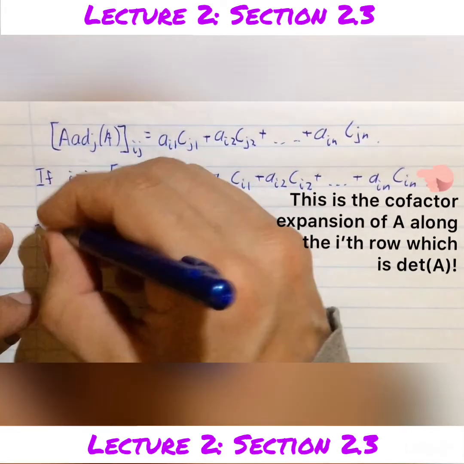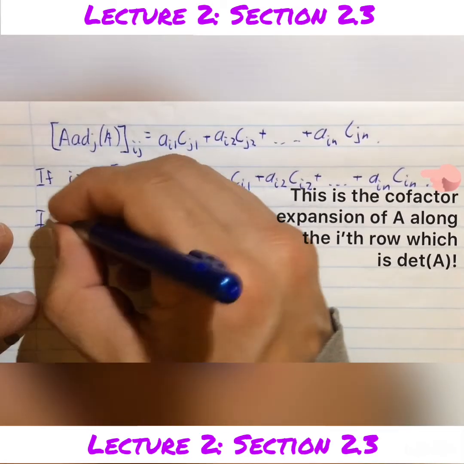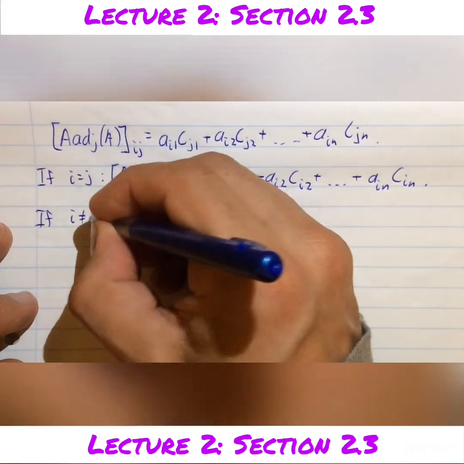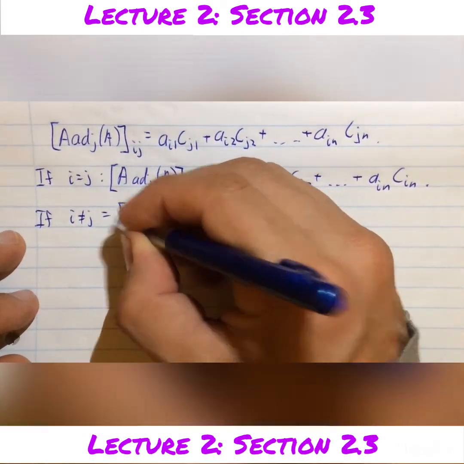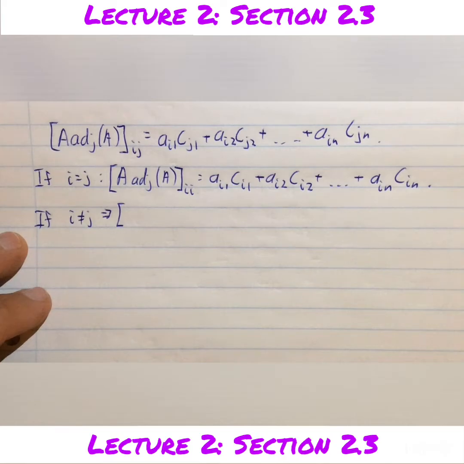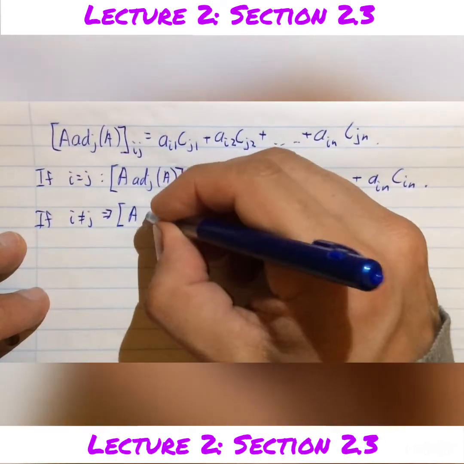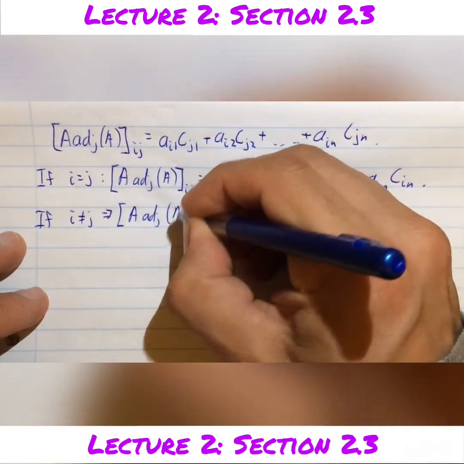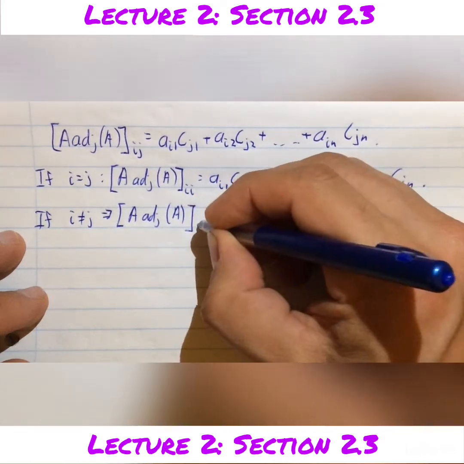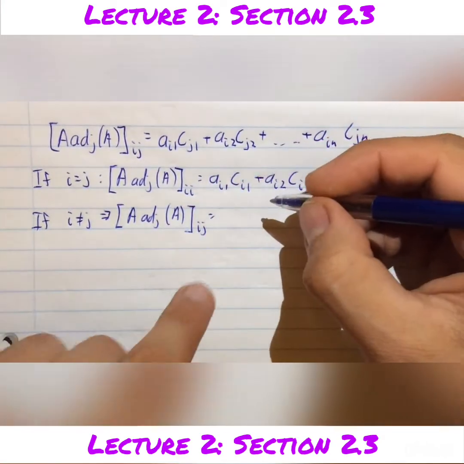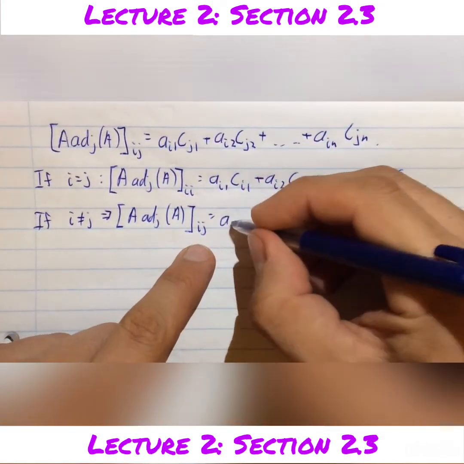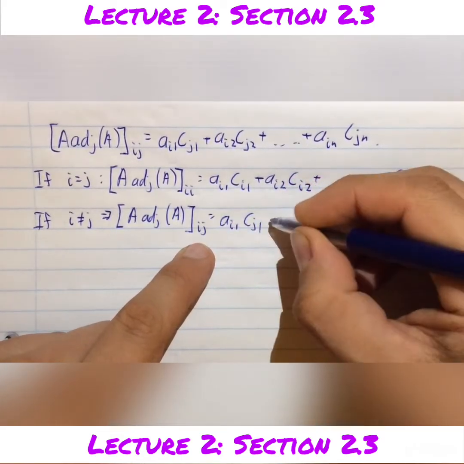Okay, and what happens if i is not equal to j? Now we are going to apply our previous argument, and that is going to imply that you have the following.